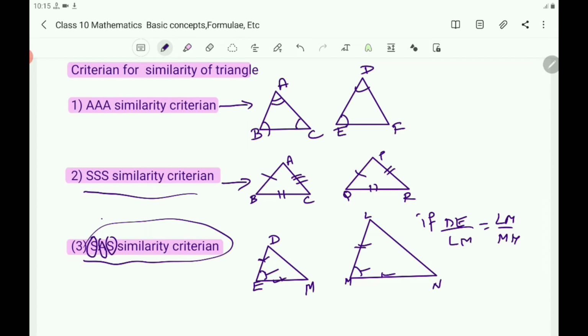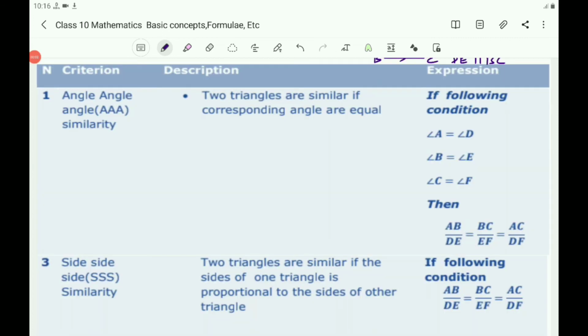There may be a question in your question paper to recognize AA, SSS or SAS similarity criteria. For AA, you can make it out easily because three pairs of corresponding angles will be there, means they are equiangular. In SSS, the ratio of sides we have to take. In SAS, two sides and their included angle must be taken. That is about the criterion for similarity of triangles.